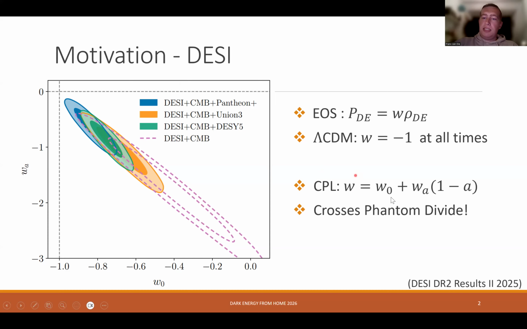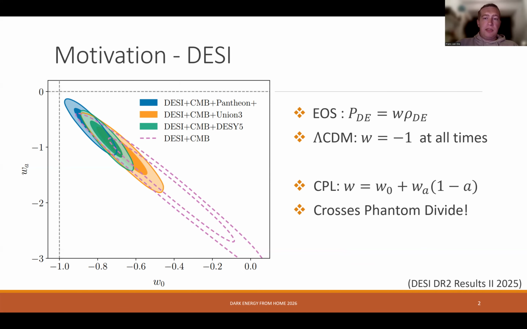In this CPL parameterization, where we have the two parameters W0 and WA, this is shown in this contour plot on the left, where we see that this cross resembles Lambda CDM, and the data seems to point away from this. The main point here is that the equation of state in this manner actually crosses the phantom divide at some point in time.